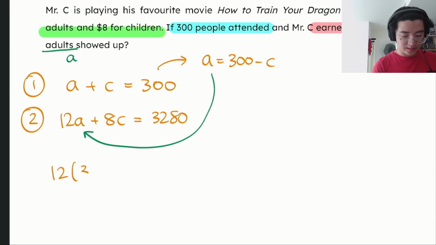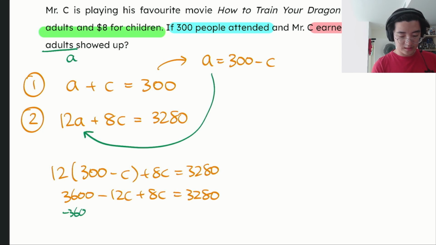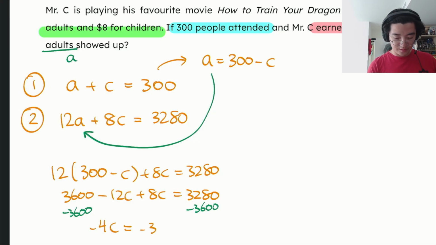So it's 12 times (300 minus C) plus 8C. Expand it out. Take the constants to one side. We get minus 4C equals negative 320.